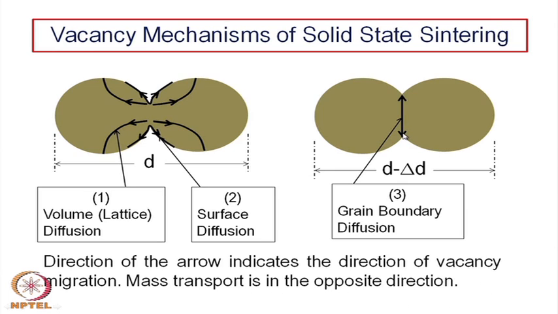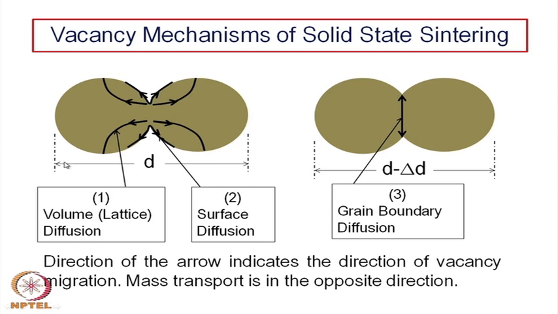When vacancies are moving out, materials are moving in. Because of the vacancies the materials are slowly coming in, and there will be a collapse of this surface, okay, or they will come closer. So, as a result of this vacancy mechanism, unlike evaporation condensation, we have a change in dimension.